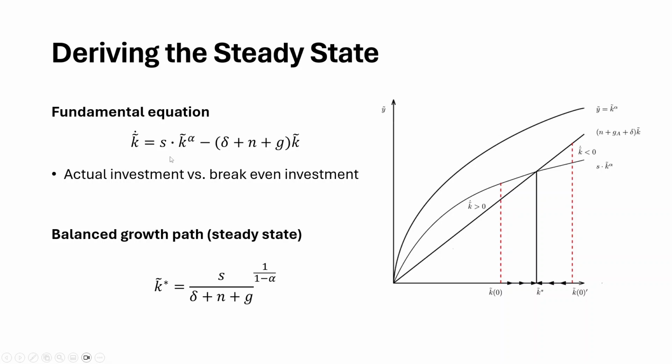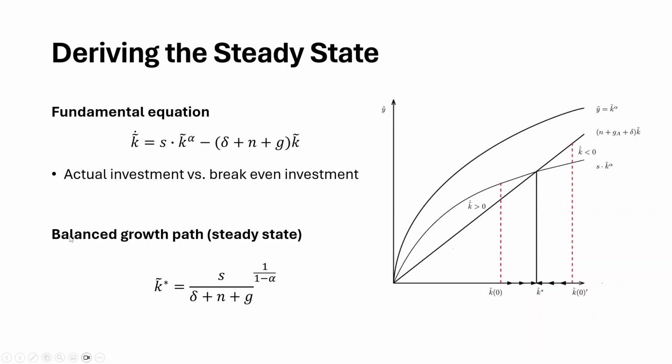What we actually see here is that on the left-hand side, this s times k tilde to the alpha is our actual investment level, whereas the second term here is the break-even investment required to keep the capital stock, in efficiency units, the same tomorrow. So what we can derive from that is our balanced growth path, or the steady state.